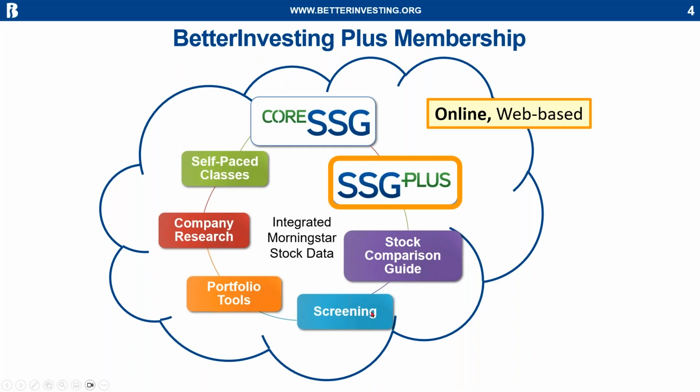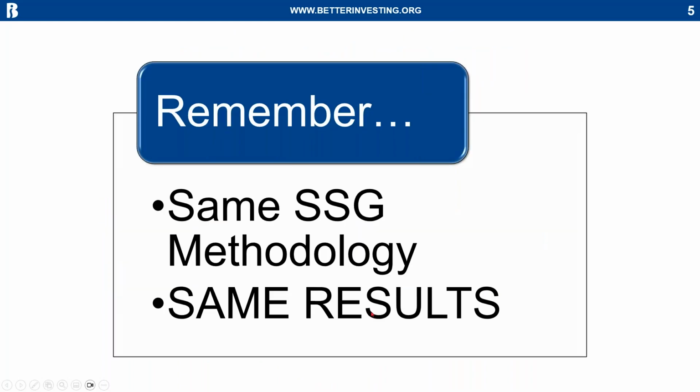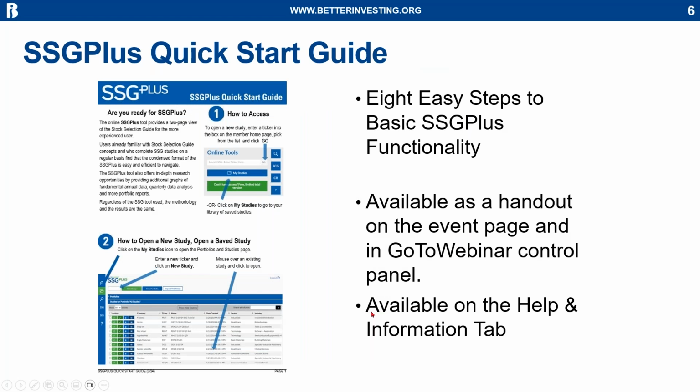Along with the stock tools, the Plus membership includes a plethora of web-based webinars, classes, and a company research page. And remember, no matter which tool you use, the core SSG or SSGPlus, they are the same basic methodology. They use the same data, and you will get the same results out of the process. So you can switch back and forth between those tools if you so desire. I'll demo that when we go live.